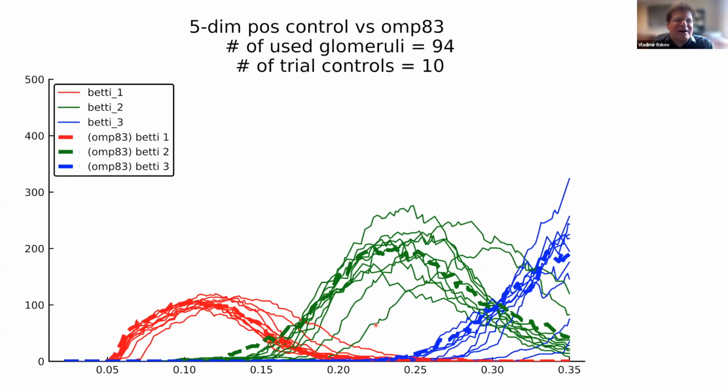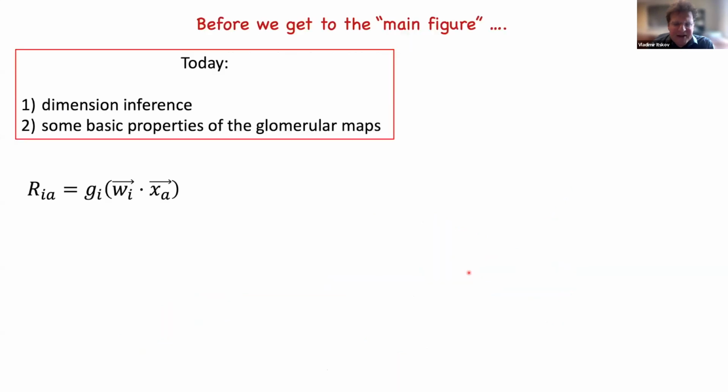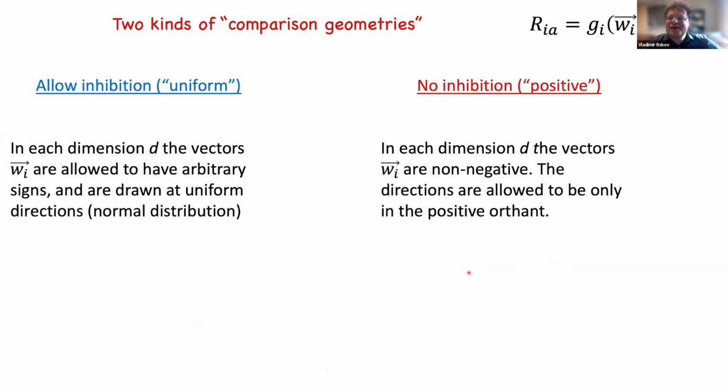But this is in dimension 5. One can do a similar simulation in dimension 5, and now you see that these Betti curves roughly match. It turns out that this analysis is just an illustration. This can be a lot more statistically rigorous. I skip all the details, and there are actually two models one can consider.